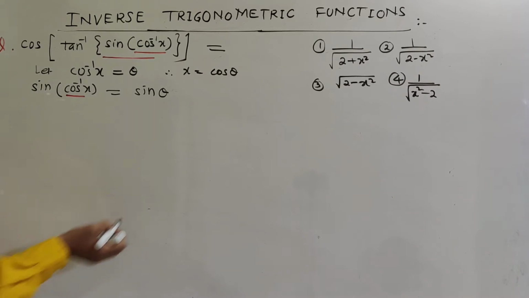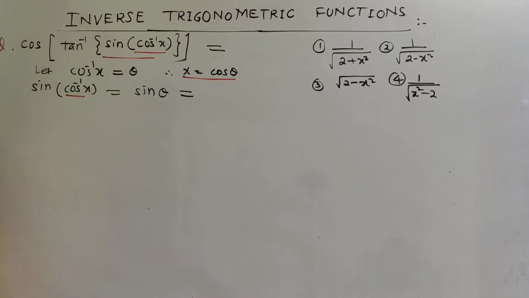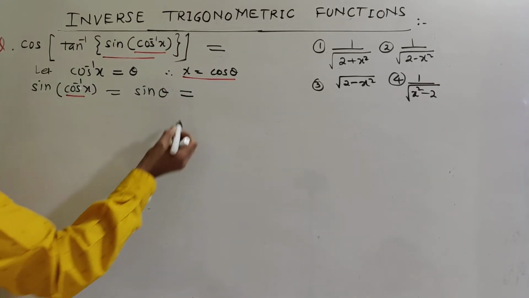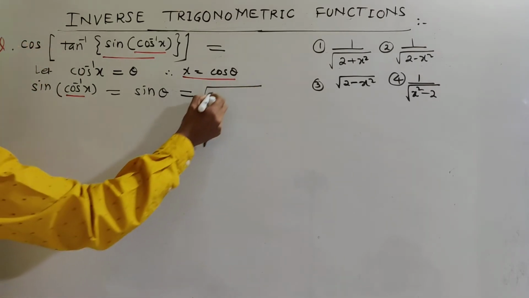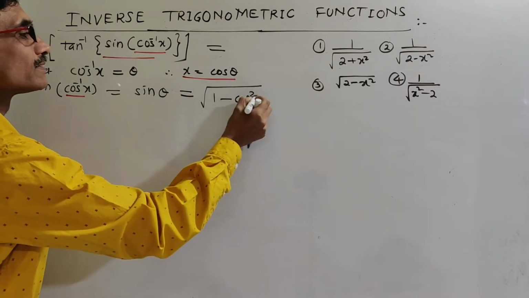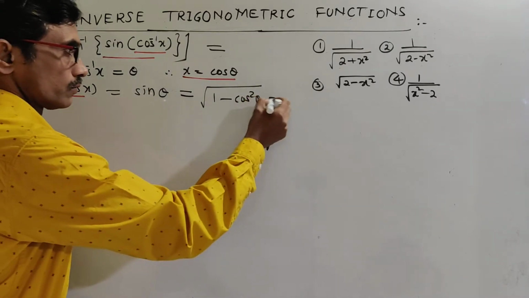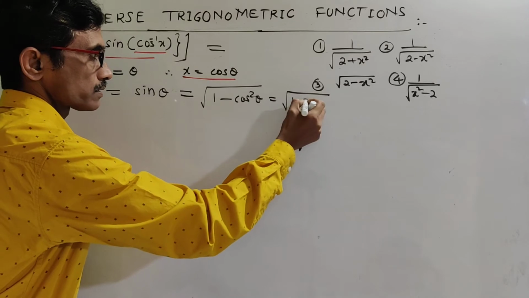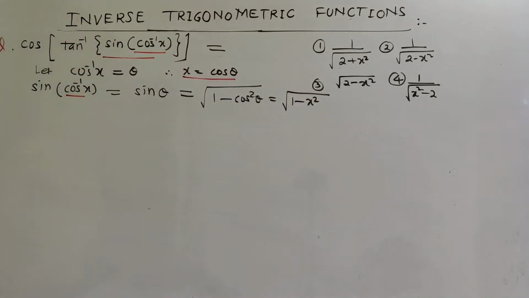Now this sine theta we can express in terms of cos, because cos theta is equal to x. So it is root of 1 minus cos square theta, and that is equal to root of 1 minus x square, because cos theta is equal to x.